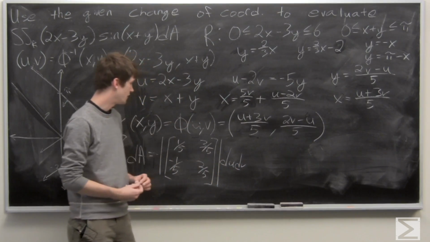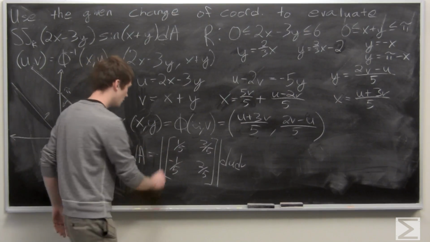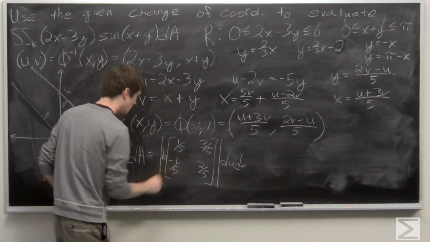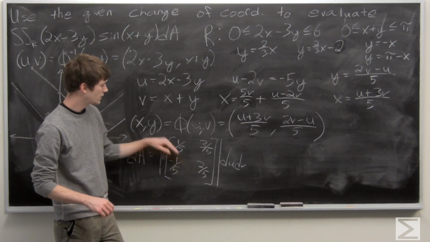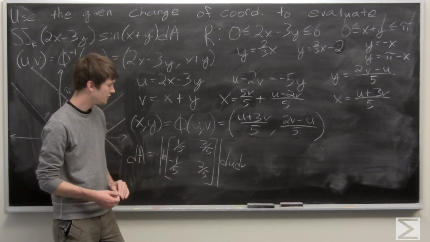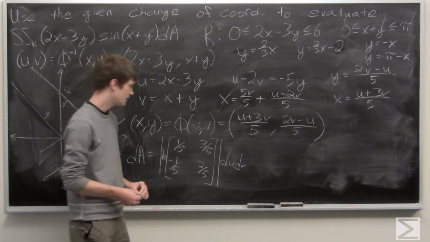And then du dv. Okay, so the determinant of this matrix is 1/5 times 2/5 minus a negative 1/5 times 3/5.